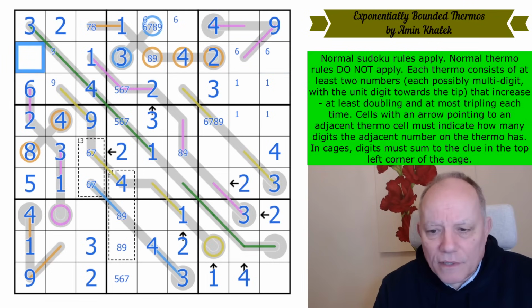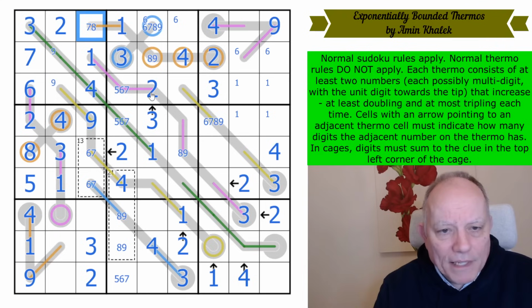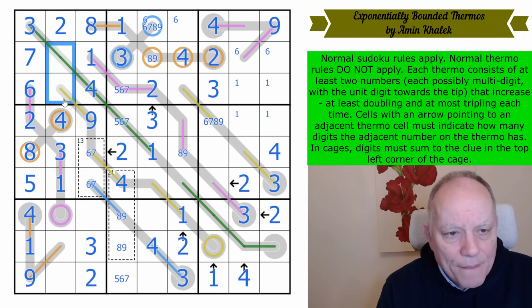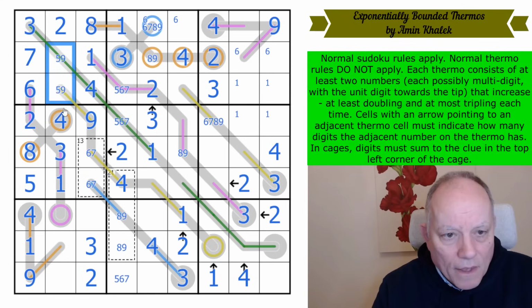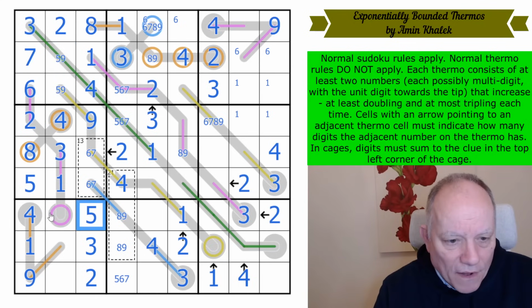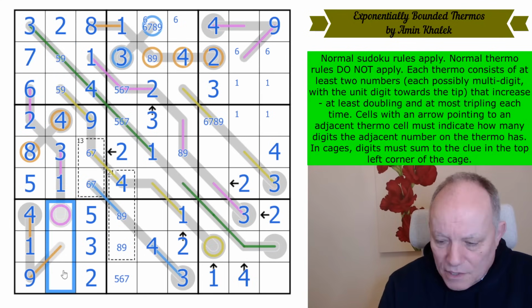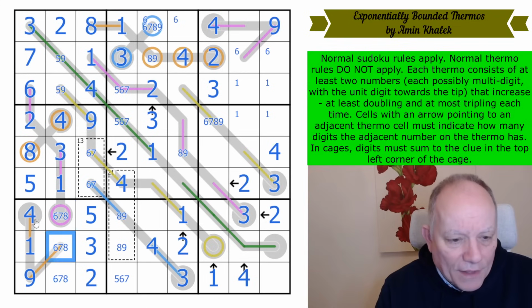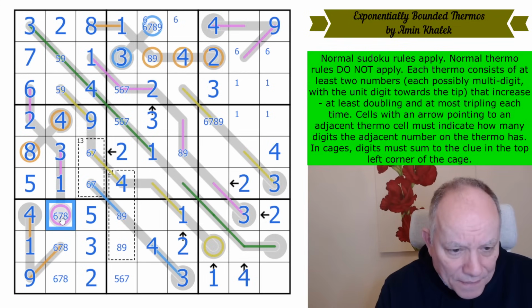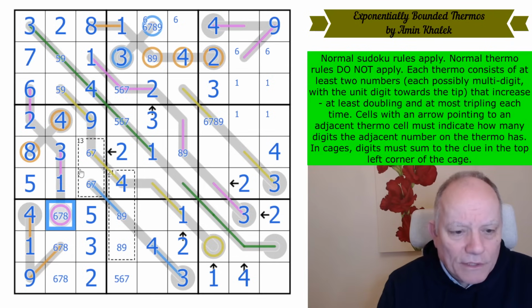We've got a 7 to finish the first column. That makes this an 8. This is now a 9, 5 pair. This is finishable. That's a 5. These digits are 6, 7, and 8. That can be anything on its line. This cannot be 8 or 7. It's got to be 6.